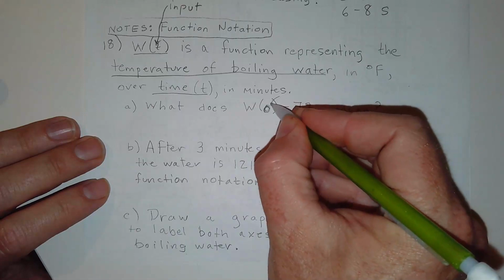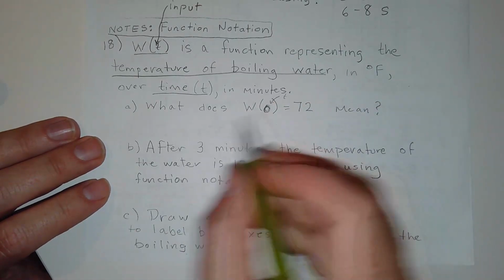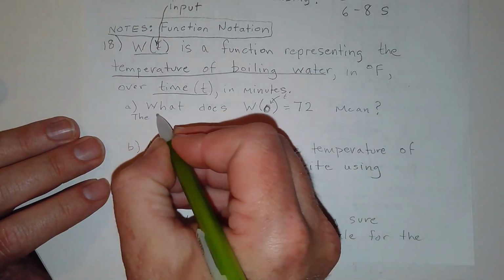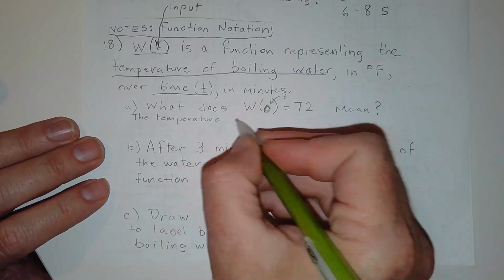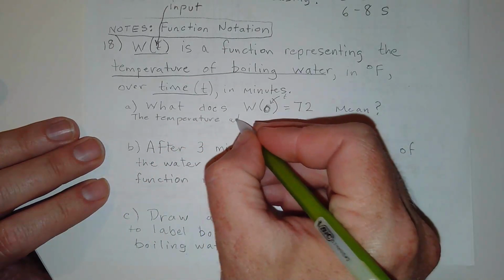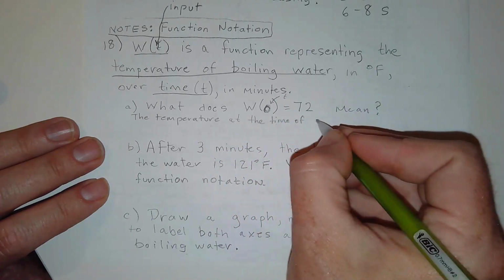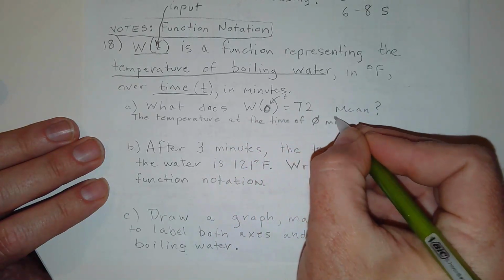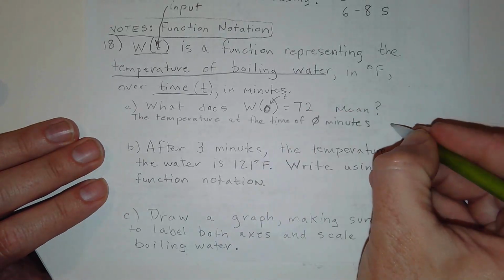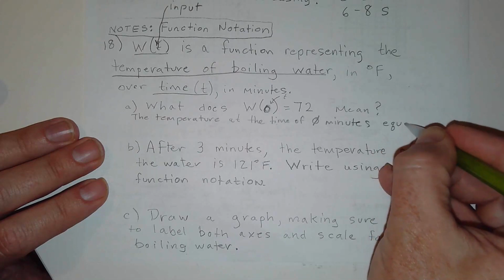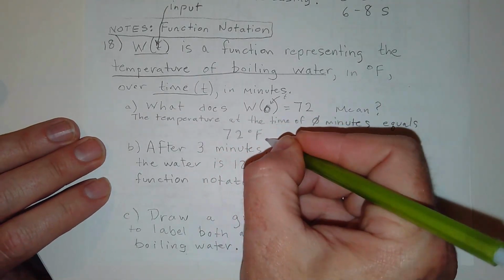So this is t, which tells me, okay, the temperature at the time of 0 minutes, that's what W of 0 means, equals 72. So I can just say that equals 72, all right, 72 degrees Fahrenheit.